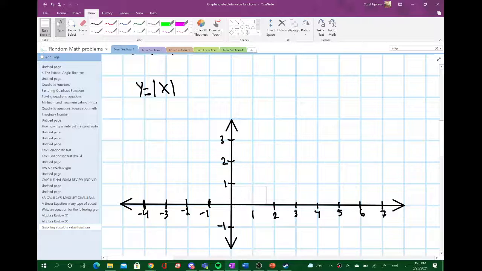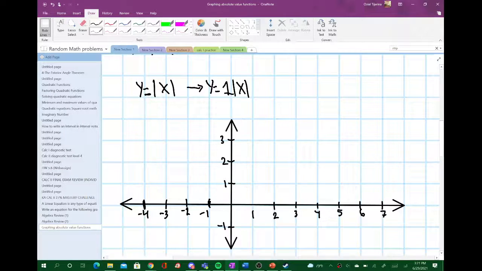Let's just erase all of this, and let's instead look at it from the vertex form, right? If I say, for example, let's just say y is equal to 1 times the absolute value of x, right?